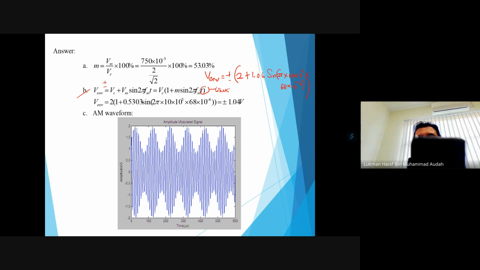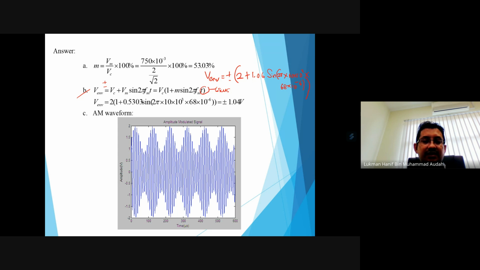So I write 2 pi times 10 kilohertz, 10k, times 68 microseconds, and then I write sine of answer.